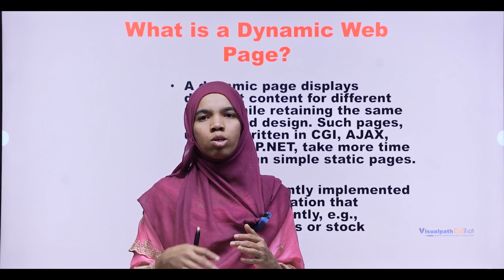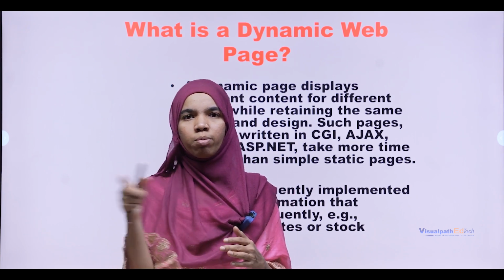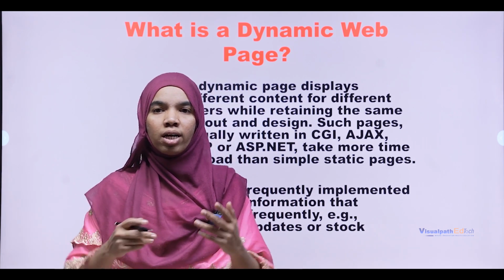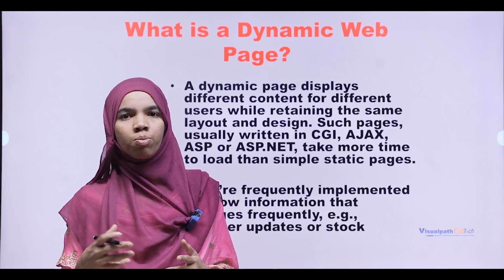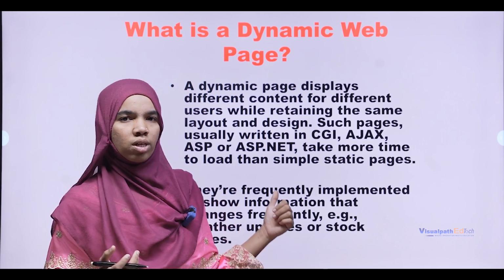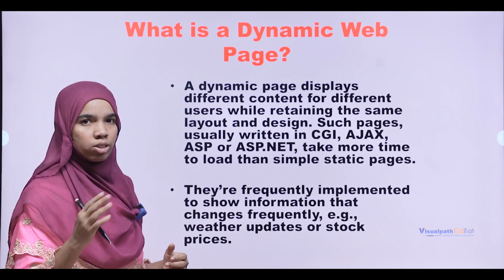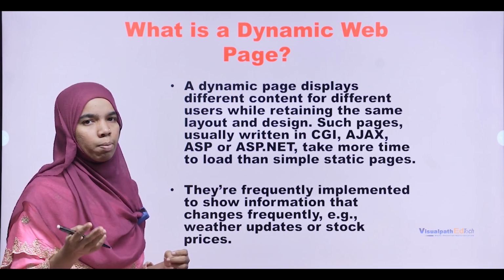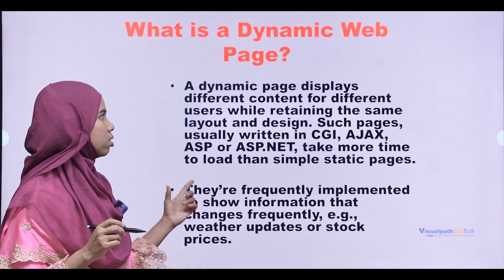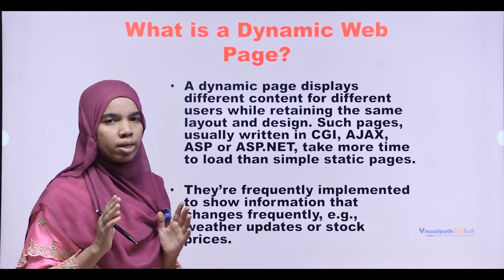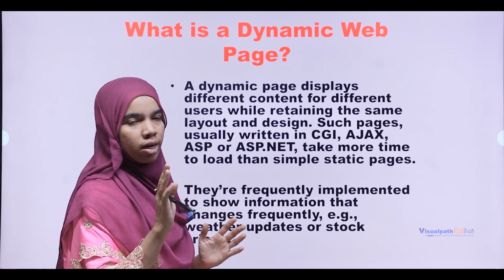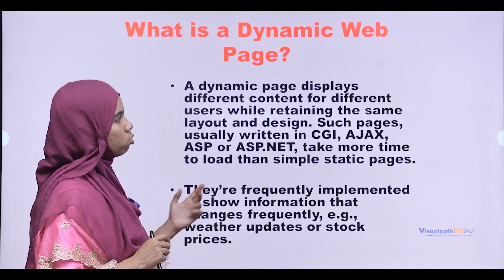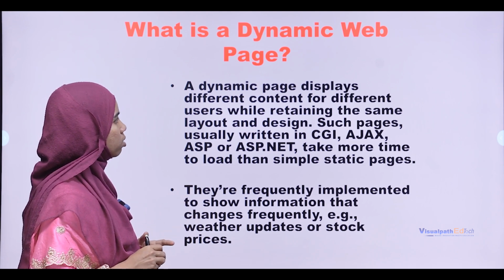Each time you visit, you will notice a different image circulating or highlighting whatever offers are on. Those are dynamic interactions between the web application and the user. So the content will be different for different users. That is the usage of the dynamic web page.